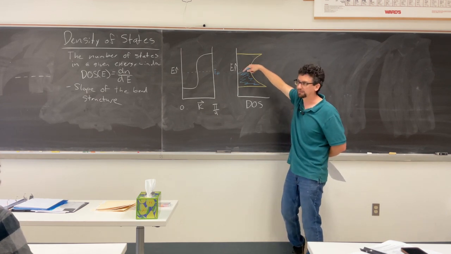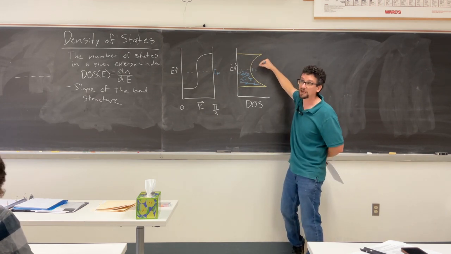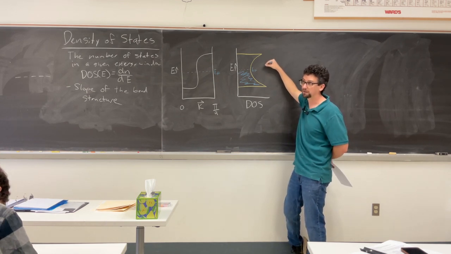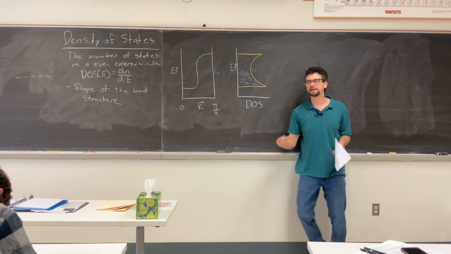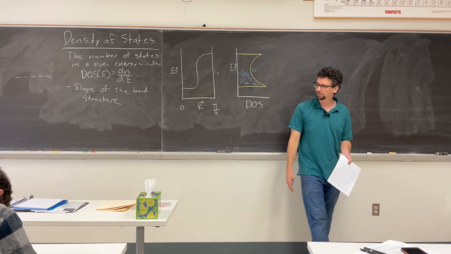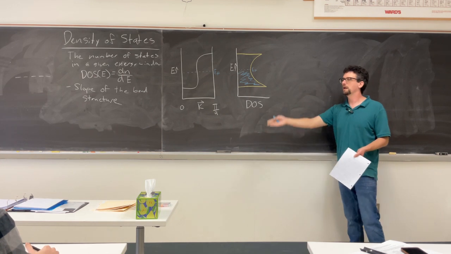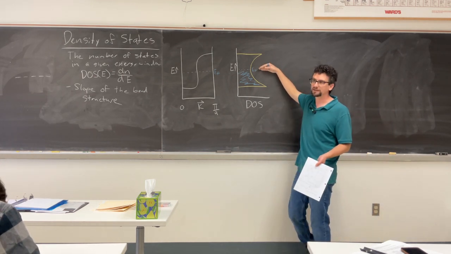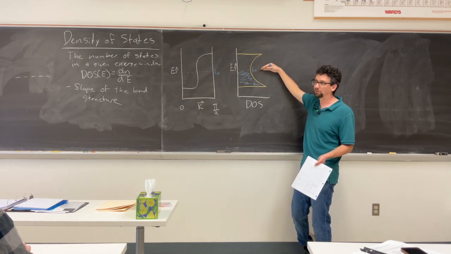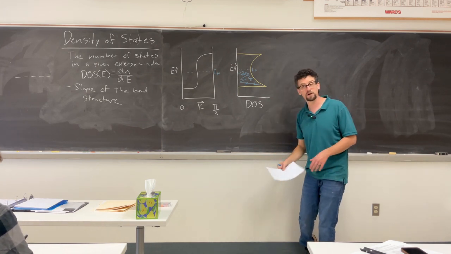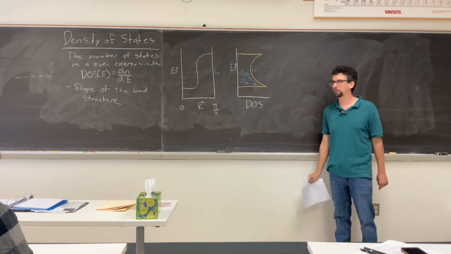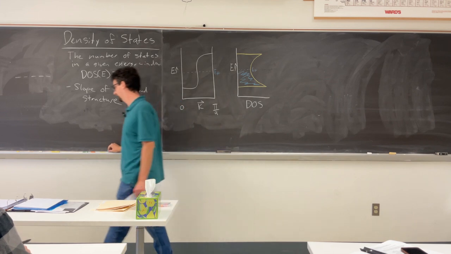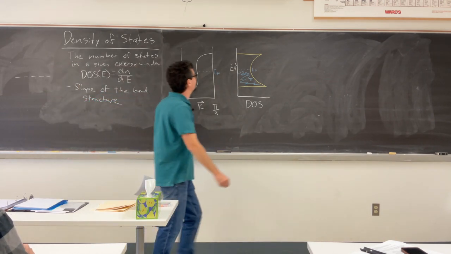So if you have a density of states at the Fermi level, you have a metallic system. How metallic depends upon a bunch of other parameters, but it's correlated: the more density of states you have near the Fermi level, the more metallic you are. That's a very general rule, though, before I get flamed by a bunch of people.